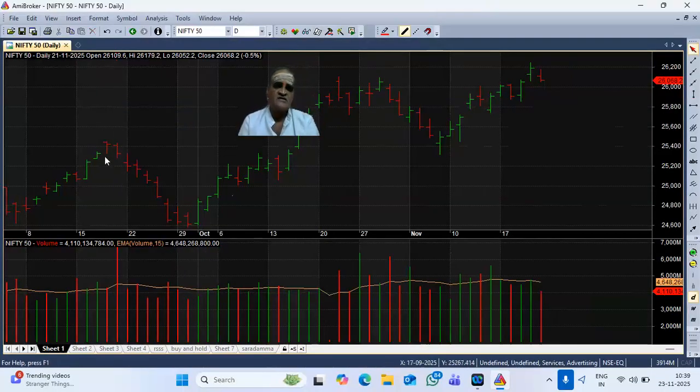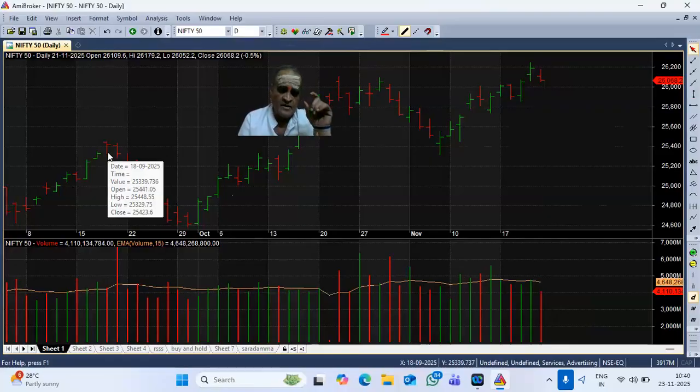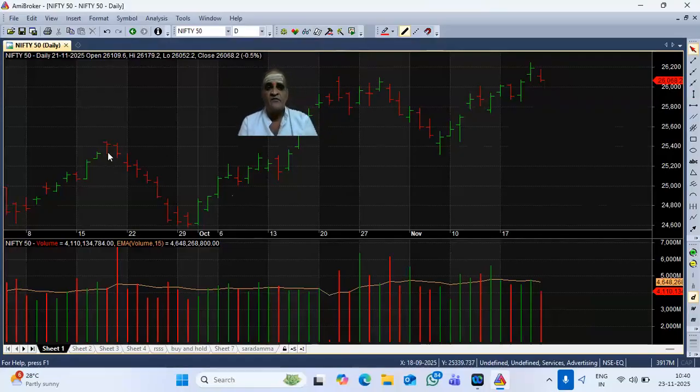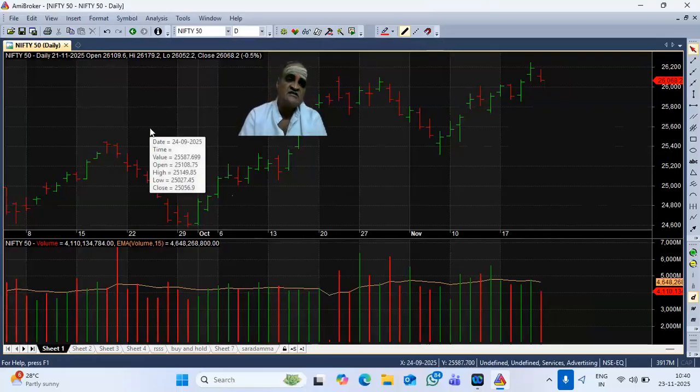First thing here, we have a red bar where open itself is high and close is near open, and the bar is a bearish bar where close is lesser than open, even though it has a new high, higher than previous day high, and low is higher than previous day low. Still, the open was not below the close.